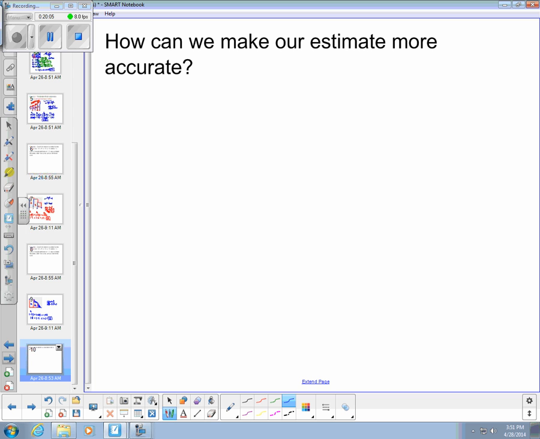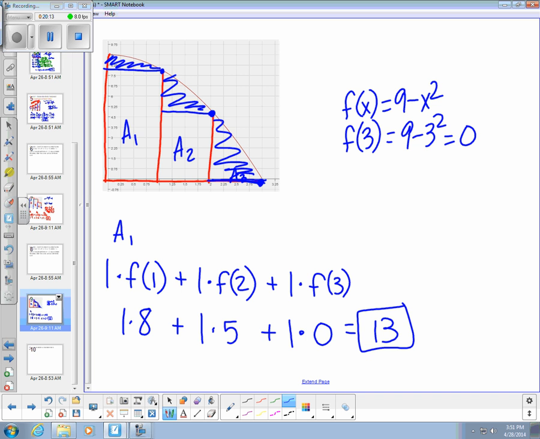Okay, now how can we make our estimate more accurate? Well, if we go back to this picture that we just had with the right-hand sums, how could I make that more accurate? How can I not leave off quite so much, whether I'm doing left-hand or right-hand sums? Well, one way to do that would be to make more partitions.